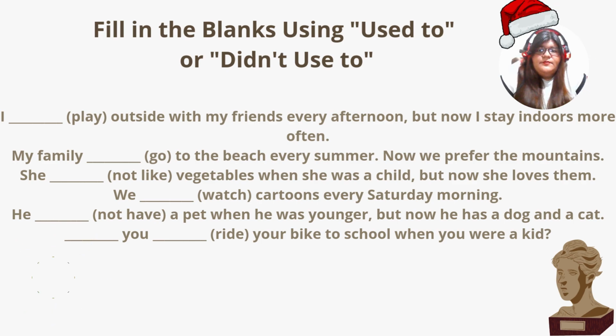My family go to the beach every summer, now we prefer the mountains. She not like vegetables when she was a child, but now she loves them. We watch cartoons every Saturday morning. He not have a pet when he was younger, but now he has a dog and a cat. You ride your bike to school when you were a kid. So, guys, I'll be reading those comments, so write it. I am anxious to read your comments.